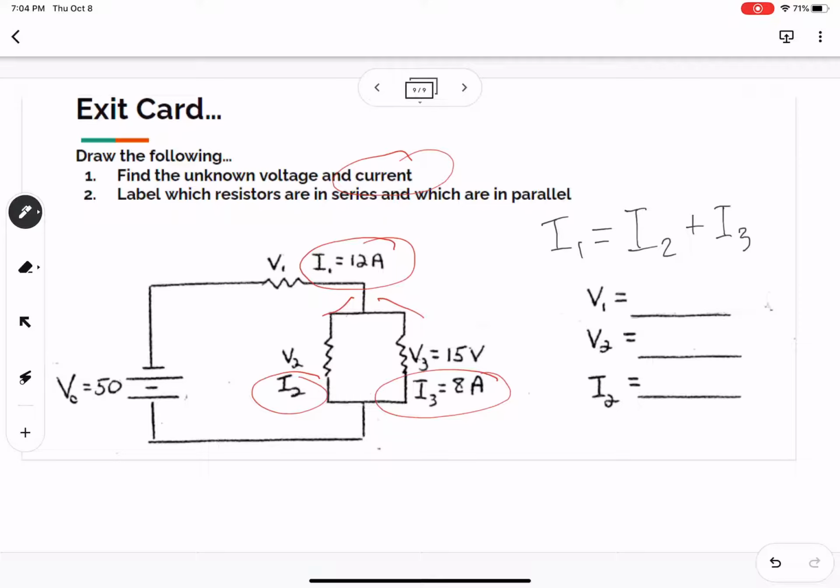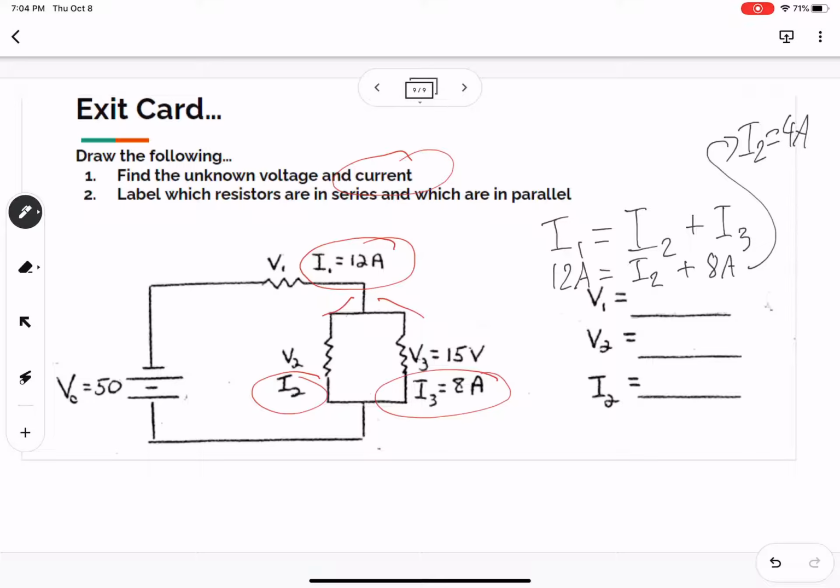So 12 amps is our original current. We know that I2 plus the 8 amps have to add to it. With some quick algebra, I2 is going to equal 4 amps.